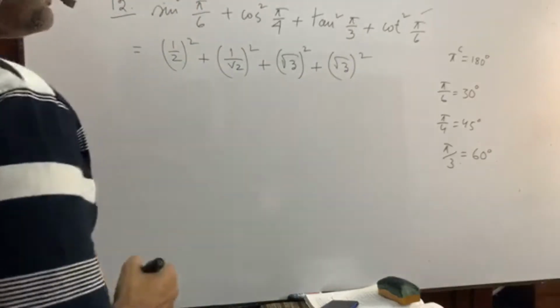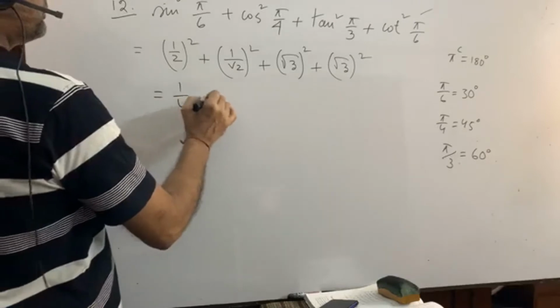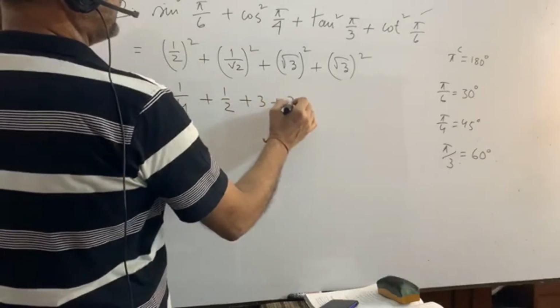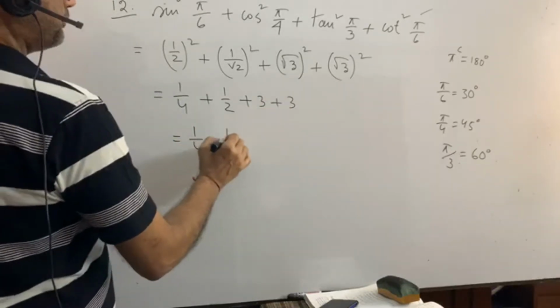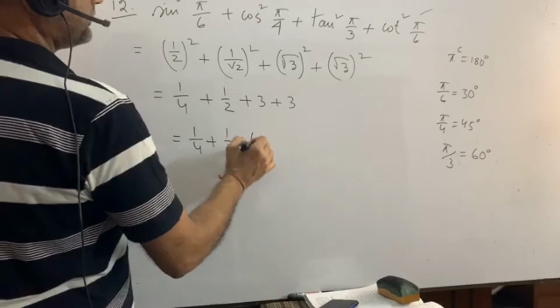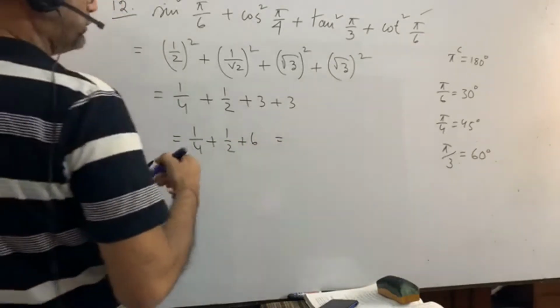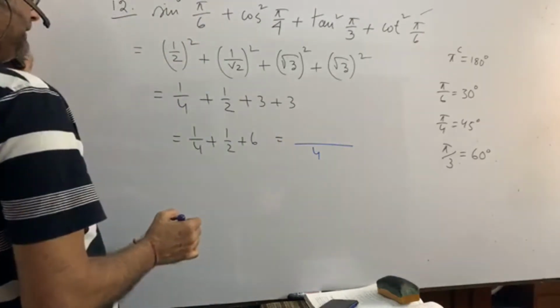Okay. That means we are getting 1 by 4 plus 1 by 2 plus 3 plus 3, that means 1 by 4 plus half plus 6. Now you get the LCM. It is very easy, like maths of class 4-5.